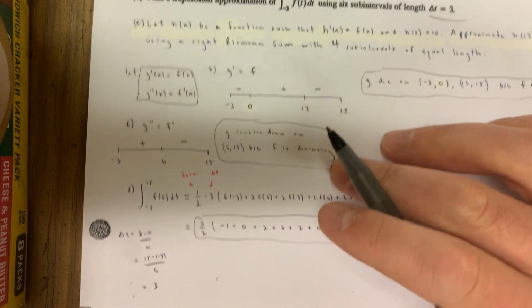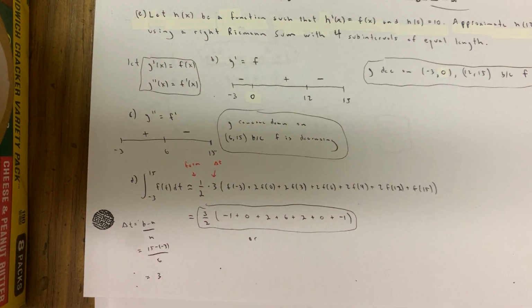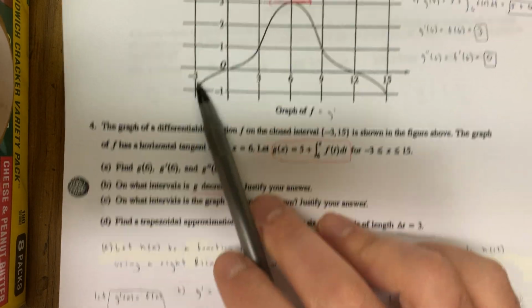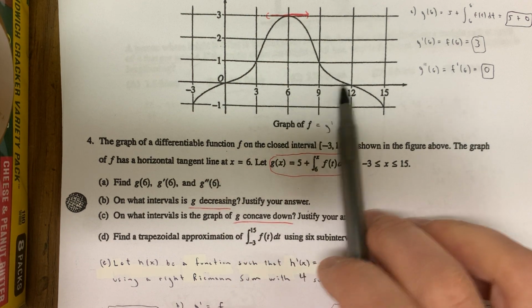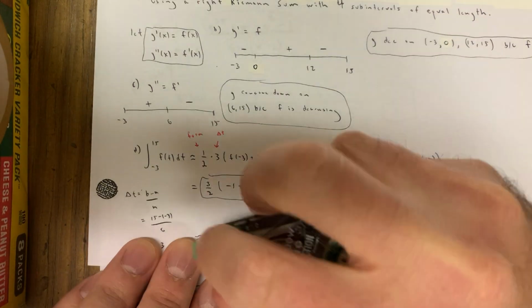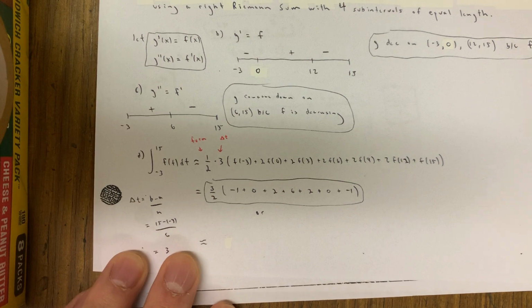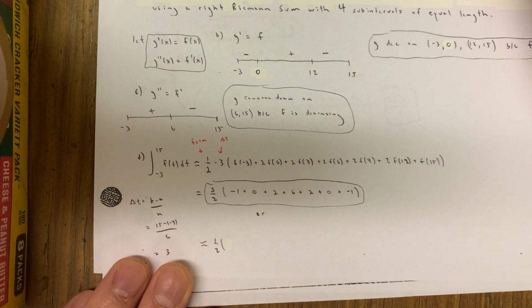No units here because it's an abstract problem. You could have done what we've been doing. Just think about the first trapezoid. These 6 subintervals, so 1, 2, 3, 4, 5, 6. It's just those 3 trapezoids right there. So you could have said this is approximately, to get the area of each trapezoid, 1/2. The first trapezoid goes from -3 to 0.